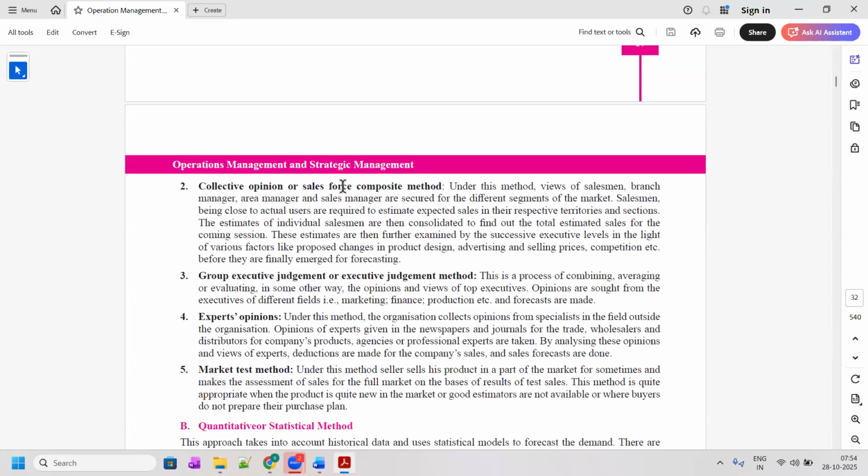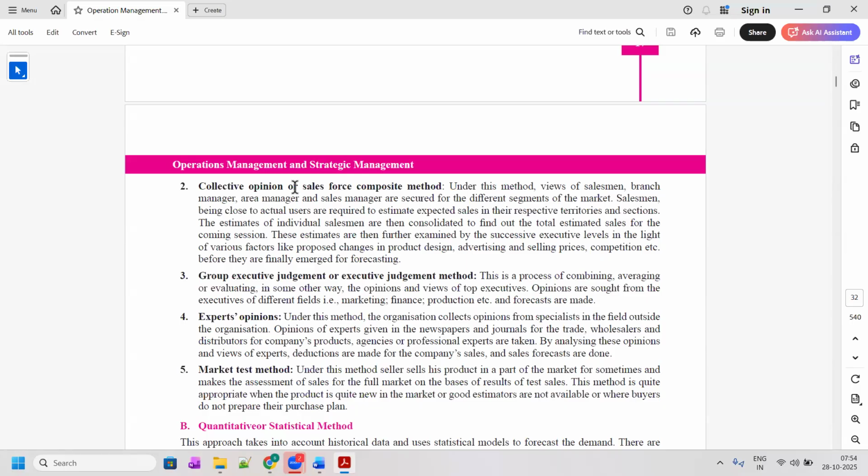Third is the group executive judgment or executive judgment method, where the sales executives from different departments, marketing, finance, production, share their opinion, and their collective judgment is used to forecast the sales or demand.